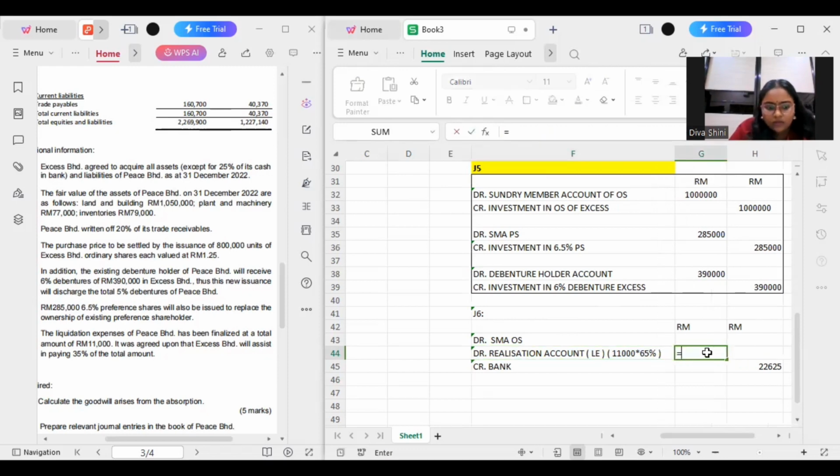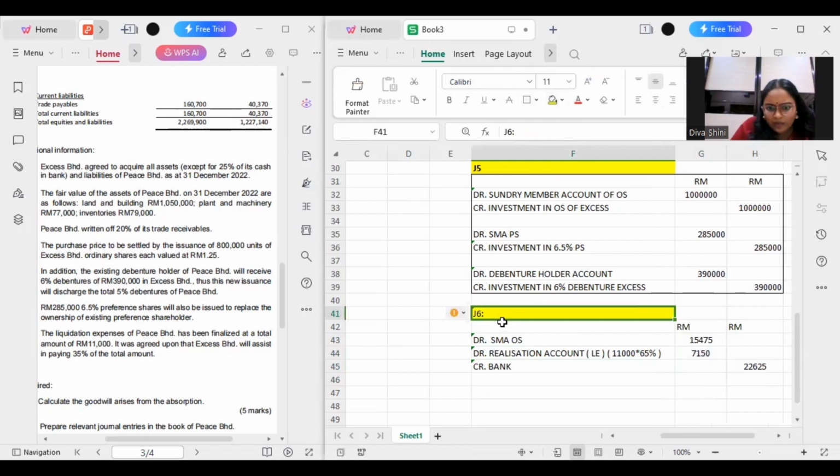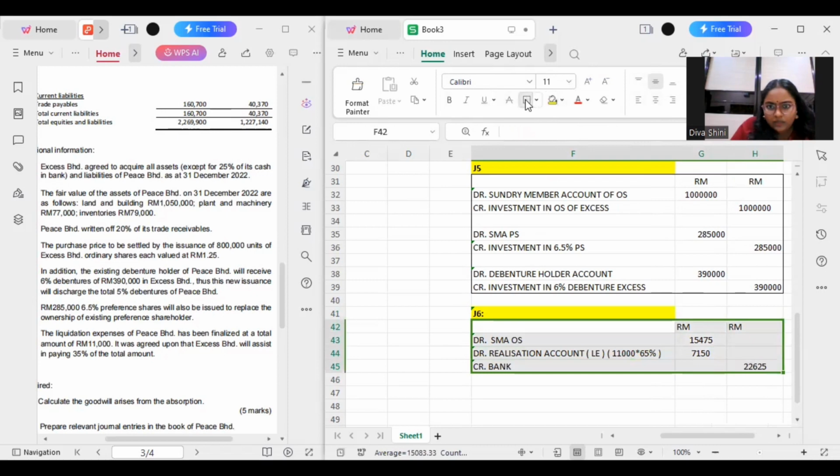So the amount is 7150, and we need to minus the bank and realization account in order to get the SME OS. So that's all for journal 6.